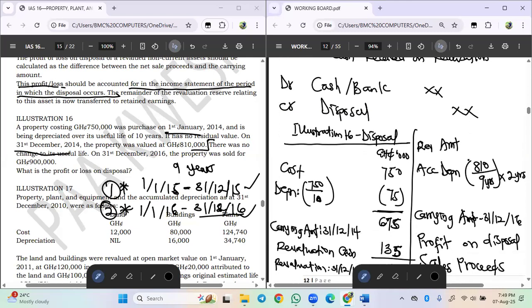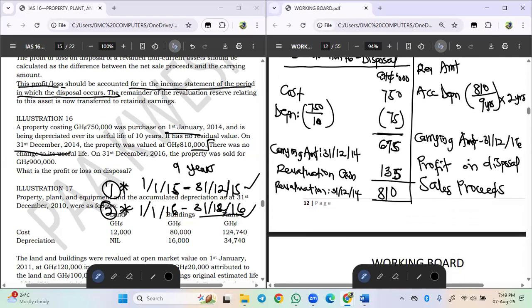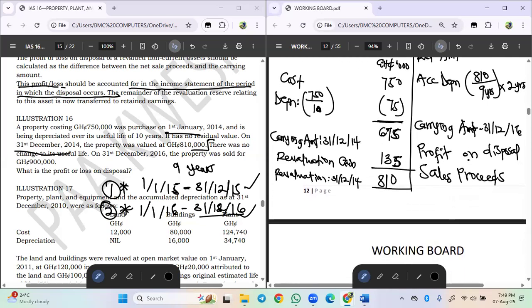And we are saying that you shouldn't categorize it as what? Revenue. Yes, put it under income. That's after your gross profit. You add the other income, discount received, rent received, and all that. You add this profit on disposal.